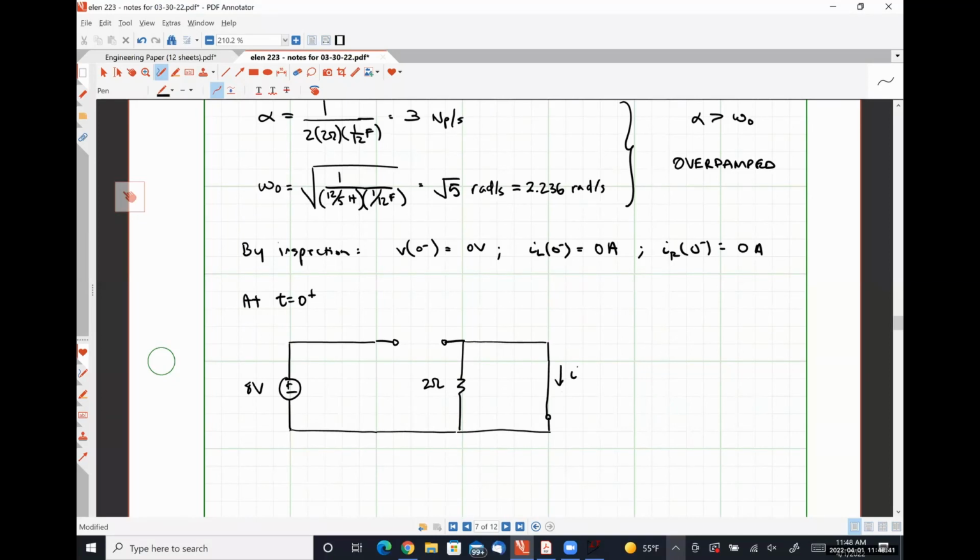Here is our capacitor current at 0 plus, which we need to pay attention to. And just for the sake of argument, here's IR at 0 plus. What are the values for these two quantities? They have to be 0 again.